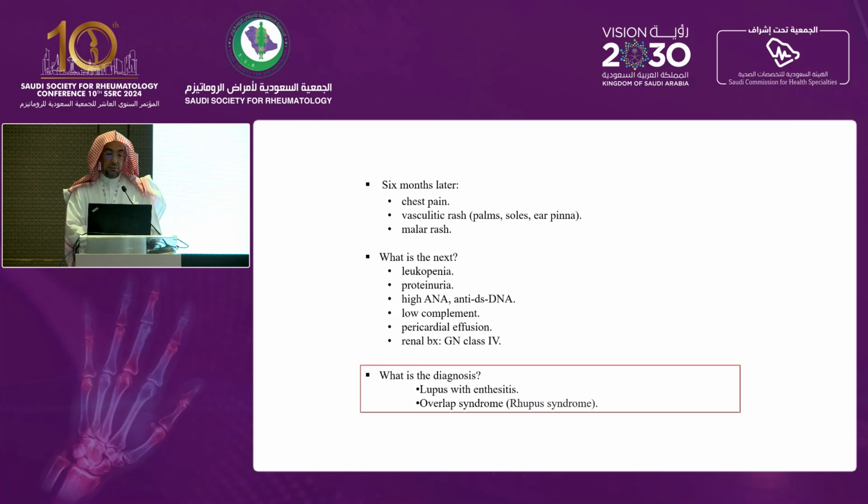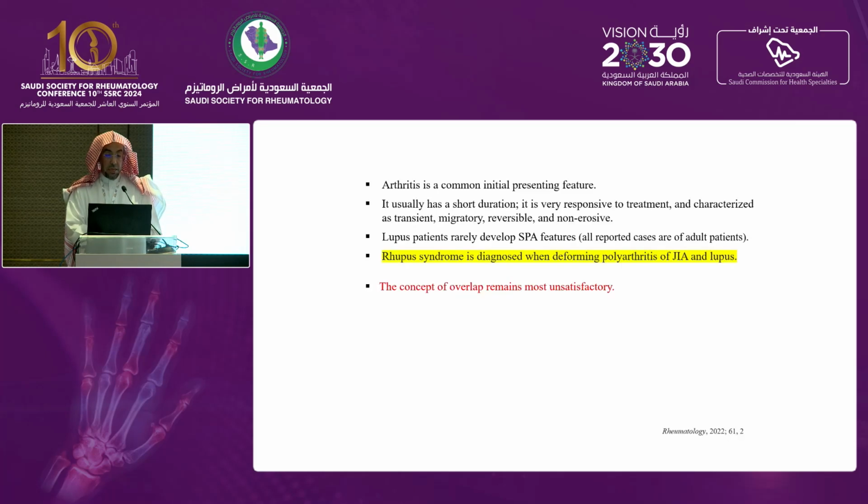As I said, arthritis is commonly the initial presentation, like hematological manifestation, and it's very rare to have axial involvement in lupus patients. So the concept of overlap these days remains most unsatisfactory.